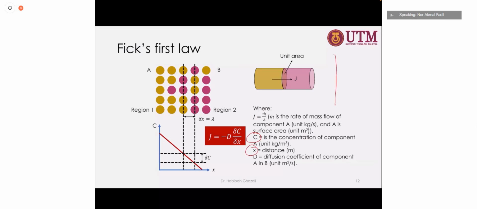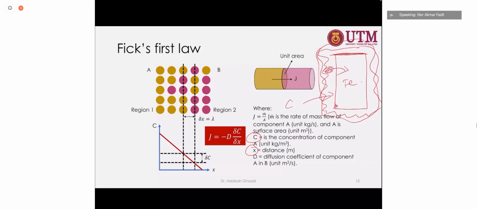Let's say this is your component. This is the interface, where this is the diffusing agent. Let's say you want to diffuse carbon inside the iron. You put a carbide around it, and then you heat it up, and you allow the carbon to diffuse inside the iron.